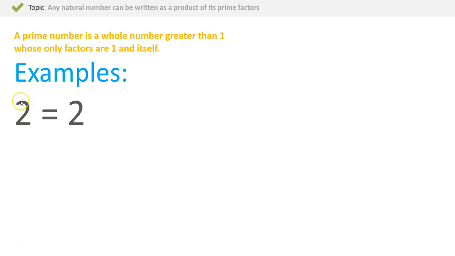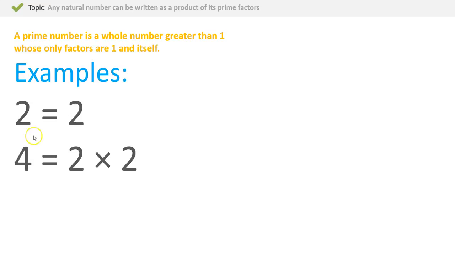2 itself is a prime number, and if you try to express 2 as a product of prime factors, you get 2. However, 4 is not a prime number because it can be divided by 2, which is different from 1 and itself.